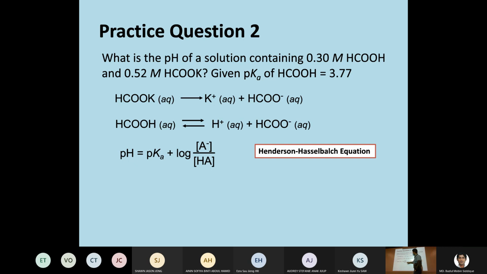So we will find this one. We will plug in these two values, the A negative concentration and the HA concentration. We can find the A negative concentration easily because this salt is at a much higher concentration than the acid. It will all dissociate 100%, and we get the A negative from here.